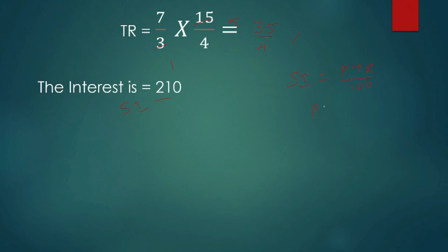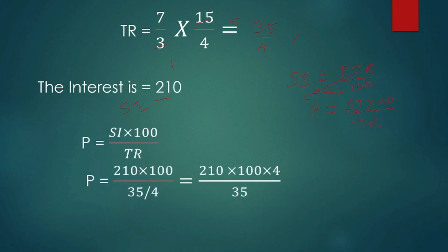So for the P value, we have to use the formula SI into 100 in the numerator and TR in the denominator. So P equals SI into 100 by TR, with TR as 35 by 4. So that is 210 into 100 by 35 by 4; if you bring it into the numerator, 4 by 35.